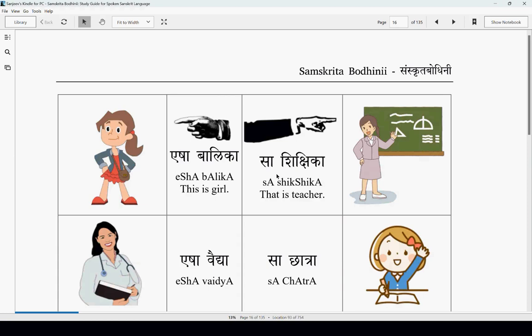Therefore esha, sa, these will also change. We have to use the words which are in the same gender, same lingam as balika and shikshika. So balika is in strilinga, so we change the word. We cannot use the word eshaha here, so we have to use esha.